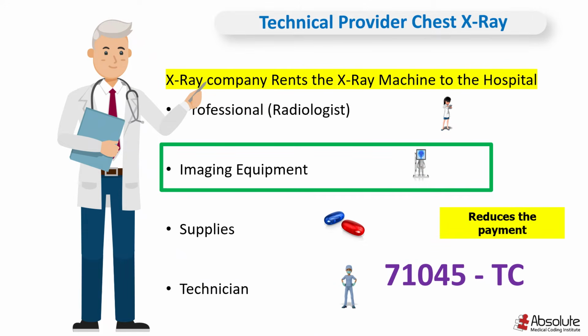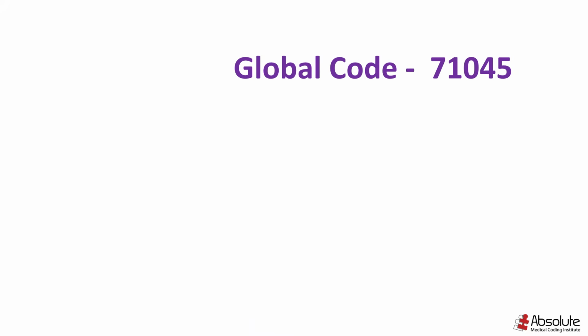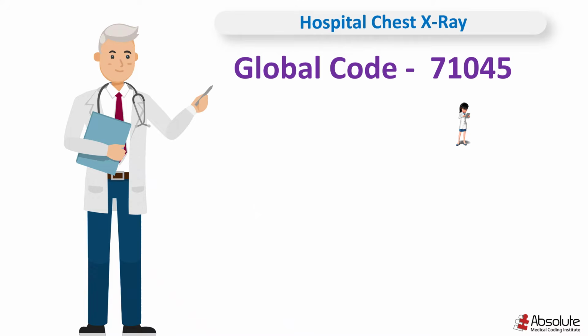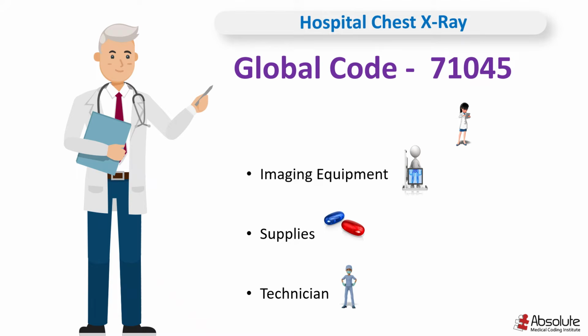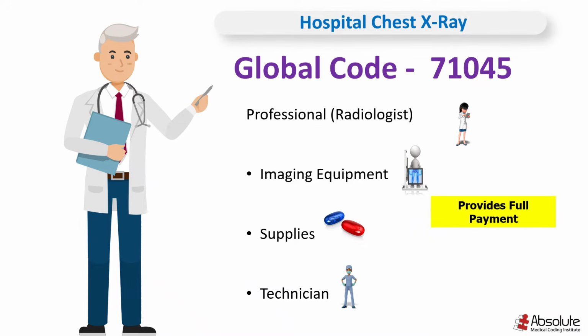And that also reduces the payment, because remember, the global code includes a lot of stuff. And speaking of that global code, who gets to bill that global code? Well, the hospital does. Yeah, the hospital gets to bill the full code.